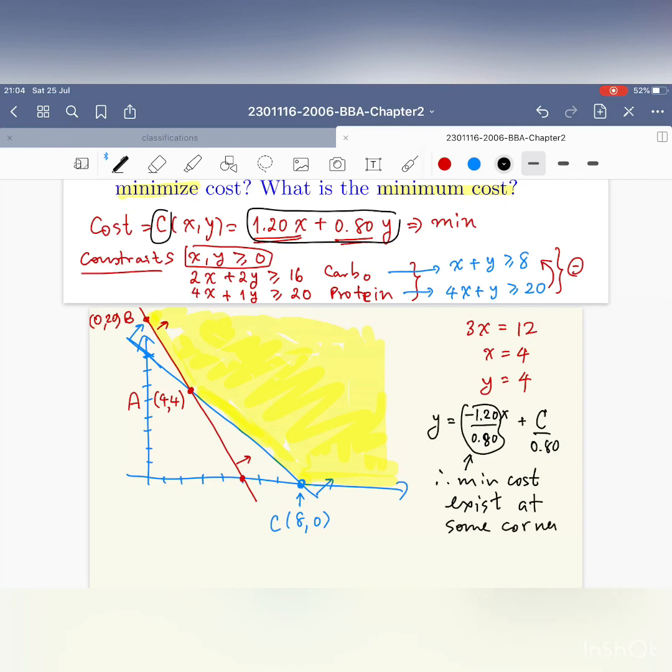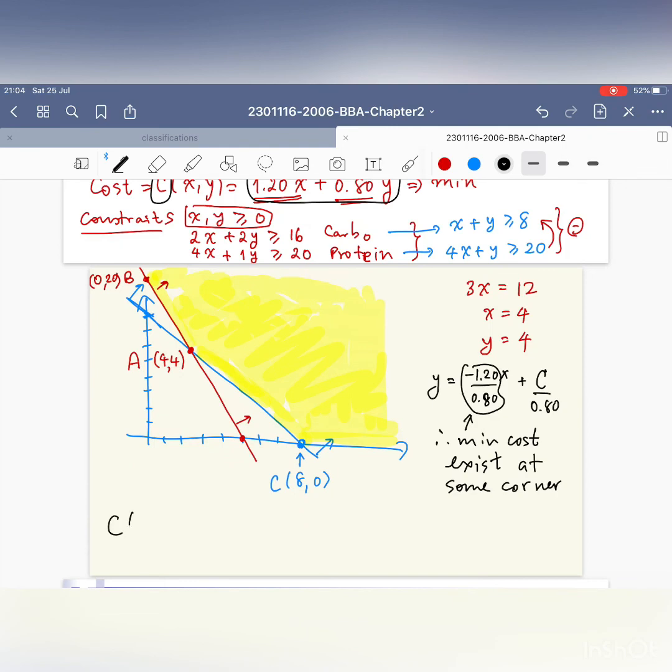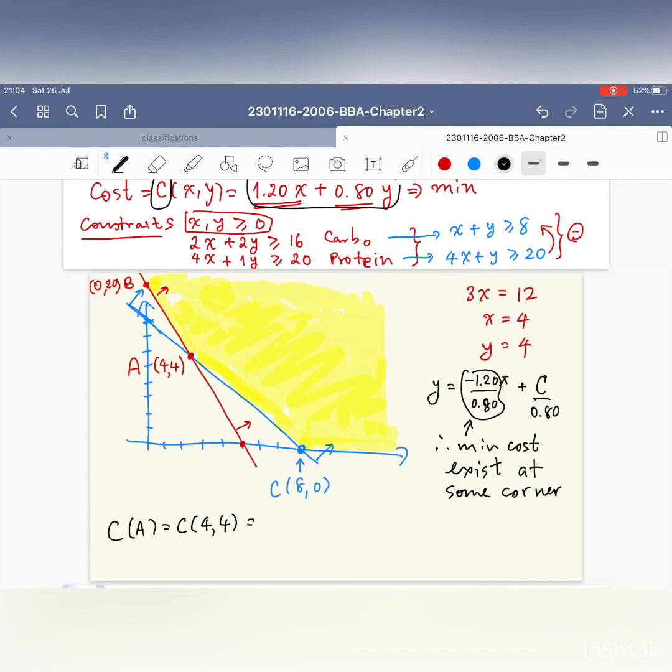Okay, so let's see your cost at the point A, which is 4 and 4. So it is 1.2 times 4 and 0.8 times 4. So it is 4.8 and 3.2, so it is 8.